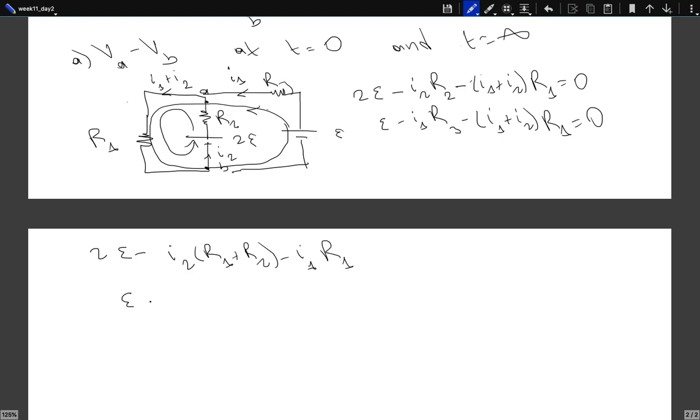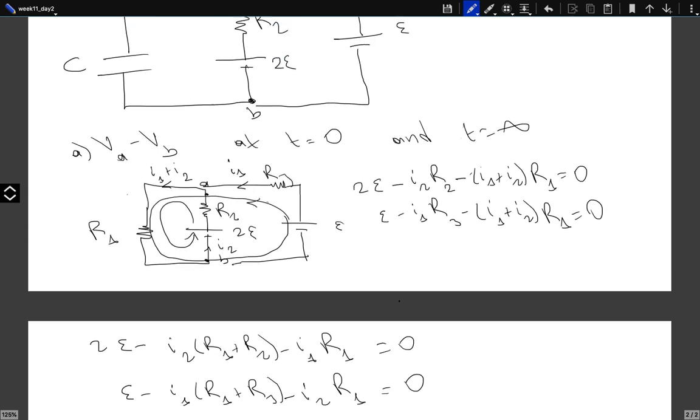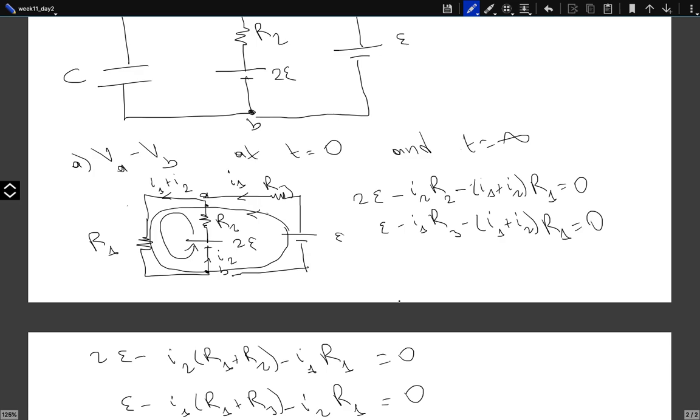The second equation is epsilon minus I1 times (R1 plus R3) minus I2 R1. These are equal to 0. Eventually we are interested in I2, because if we obtain I2, the potential difference between A and B will be just 2 epsilon minus I2 times R2. That is what we are looking for.